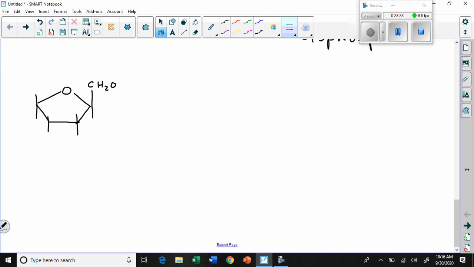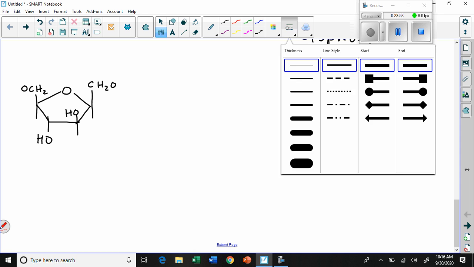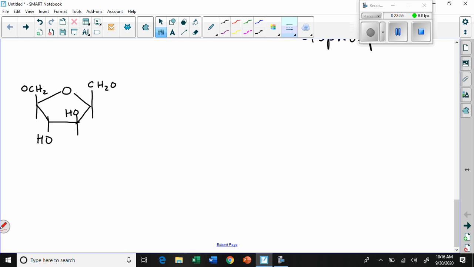CH2O, and then we'll write OCH2 on this side. And we have to put some OHs in their appropriate spots, hydroxyls, and then we have 2 of the phosphates. One is attached here, and the other is attached over here on this side. I think that looks pretty good.